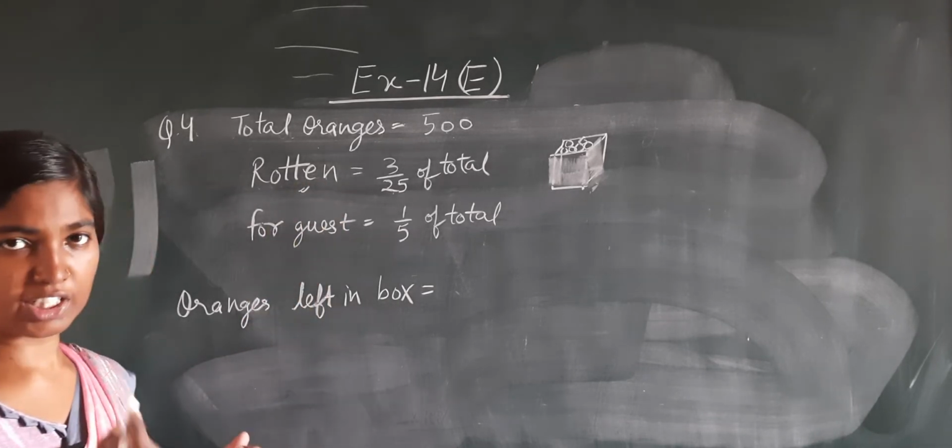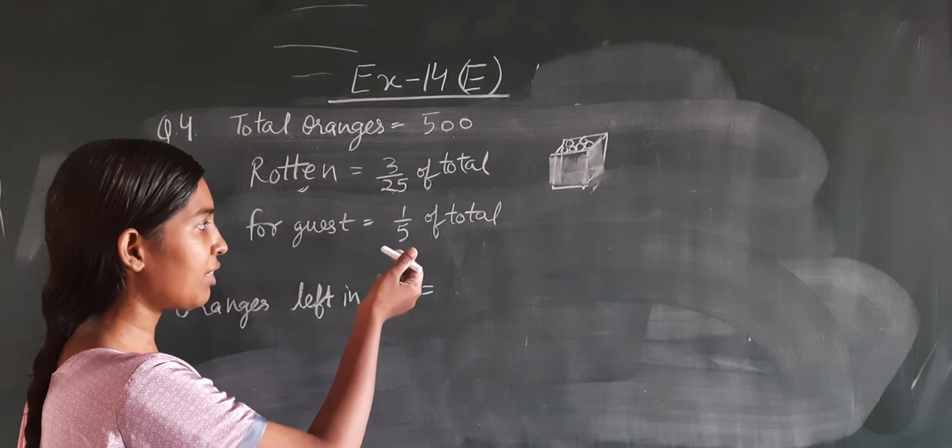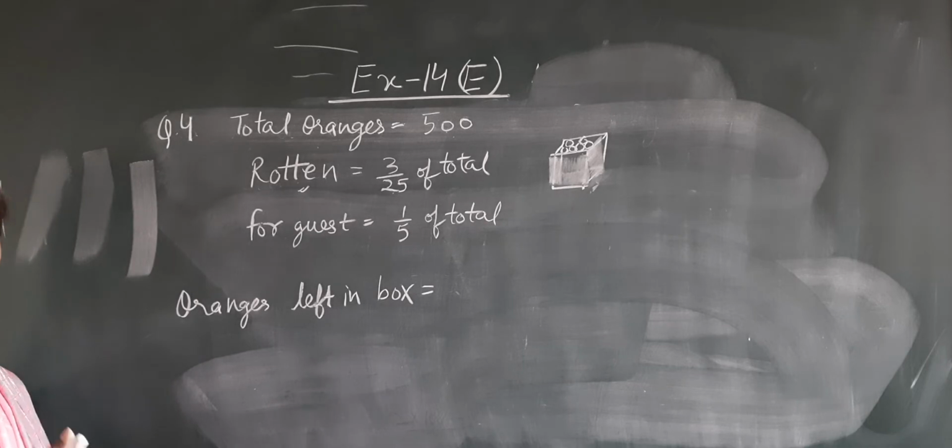Rotten means सड़े हुए, and we have also kept 1/5 of the total oranges for guests. When the guests come, we will serve 1/5 for them.